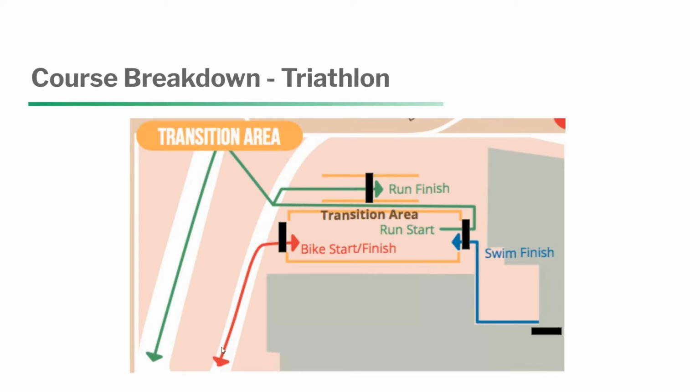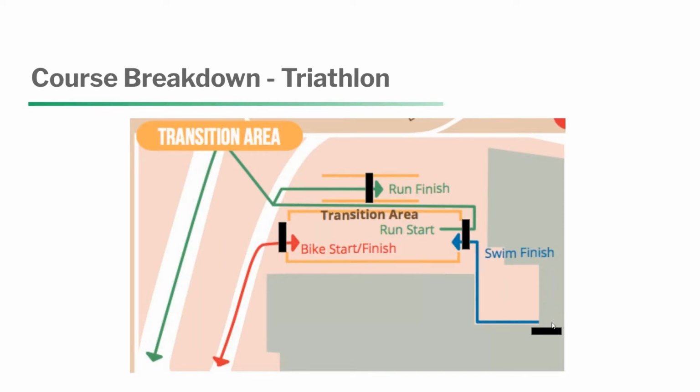So then they go out, bike, come back in, they hit this mat again, and that's their bike time. They run through transition from this mat to this mat, and that is their T2 time. Then they run out, go do the run, and come back. And from this mat to this mat is their run time.